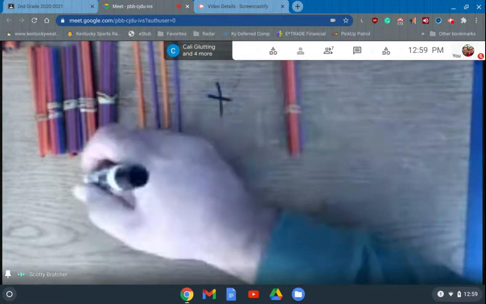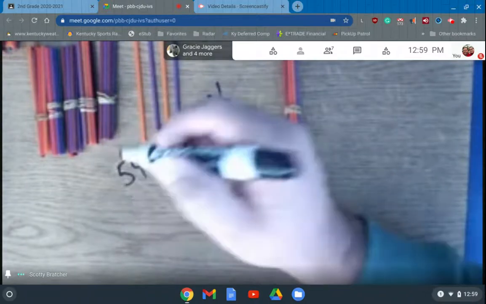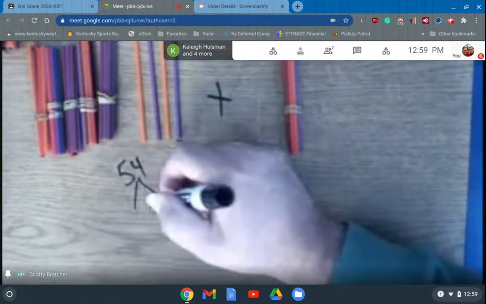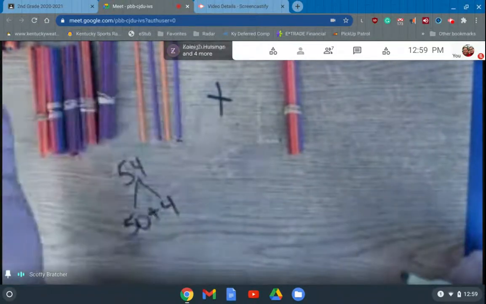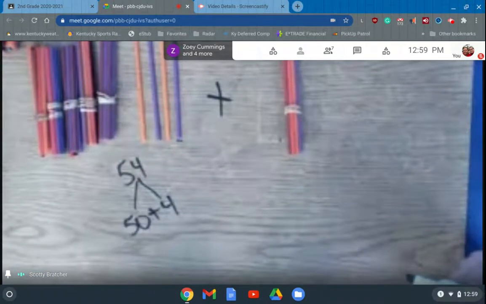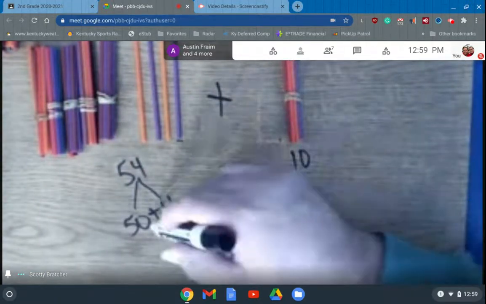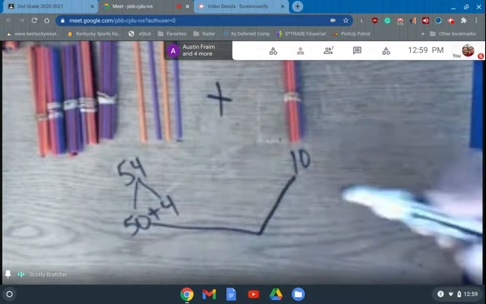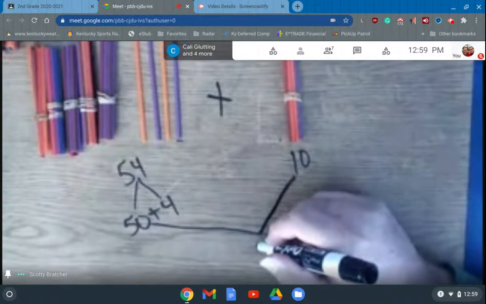She says that I've got 54 here, okay, and she's seeing 50 and the 4 separated. I mean, you can see it right there separated, right? Okay, and then this is just a 10. So she takes this 50 and this, I'm sorry, this 50 and this 10, and she makes a 60.